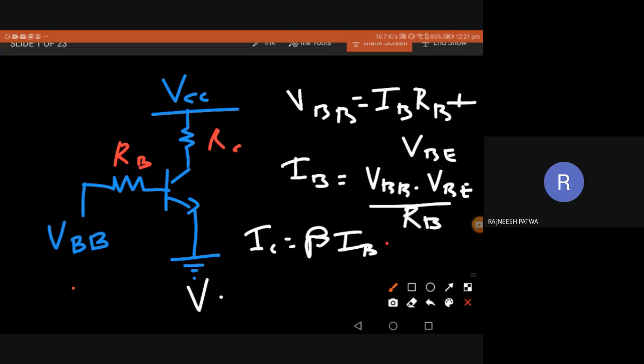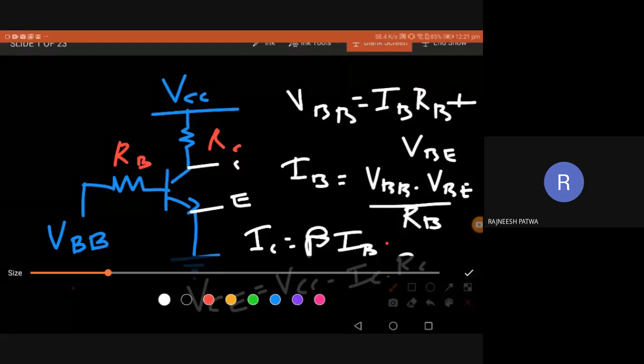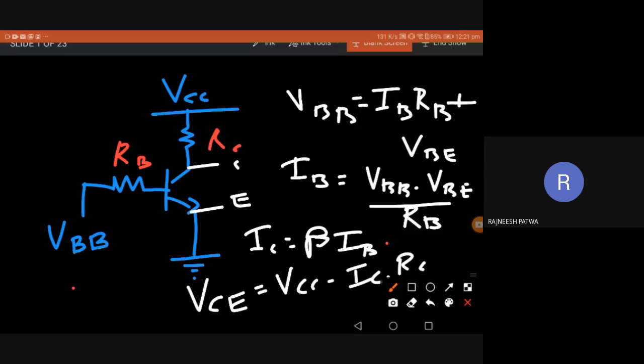Now VCE equals VCC minus IC into RC. That is VCE, between C and E. From this equation I can easily see that this is a beta dependent circuit, because my IC is definitely depending on beta.